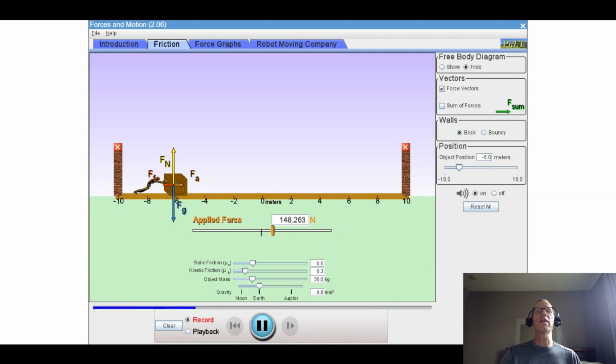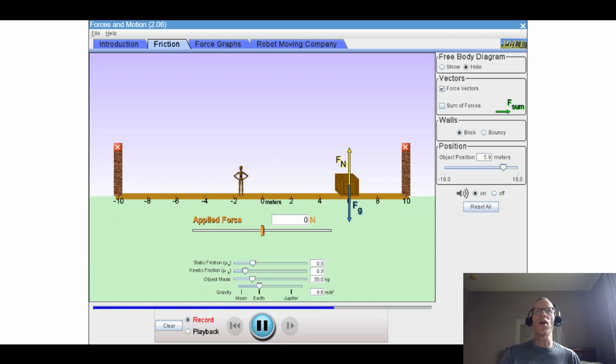I've decreased the mass by 50% from the initial mass, and when I applied the force up until about 250 newtons, it was stationary. Once I reached 250 newtons, the frictional force reached 250 newtons. When I pushed that extra newton, the frictional force maxed out and the box started accelerating.